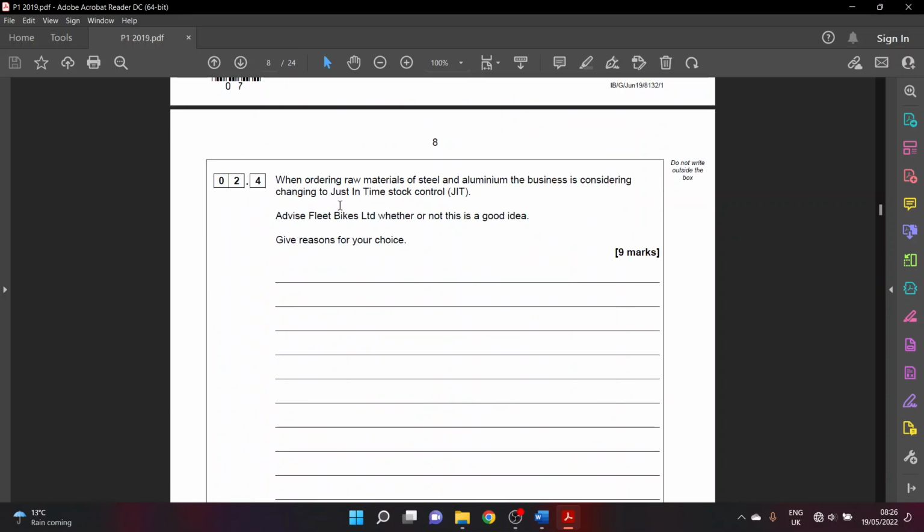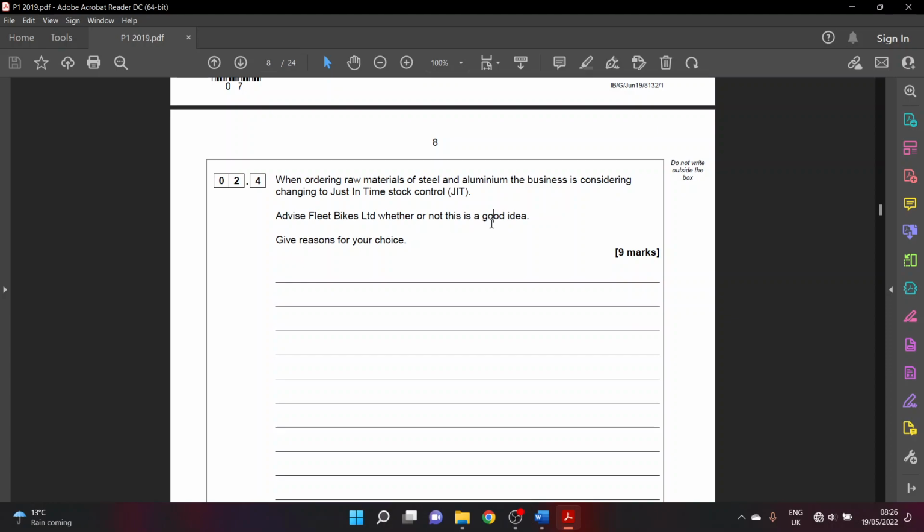Now we've got a question that requires the case study. It's a 9-mark question. In this case, it's advise Fleet Bikes whether or not just-in-time stock control is a good idea. So they're giving you one option, just-in-time stock control.